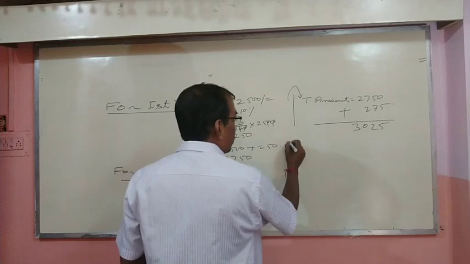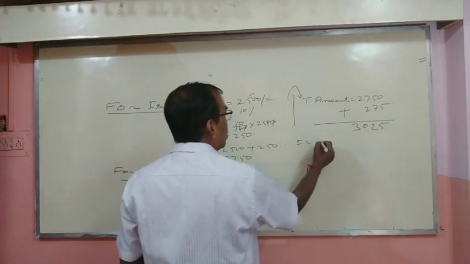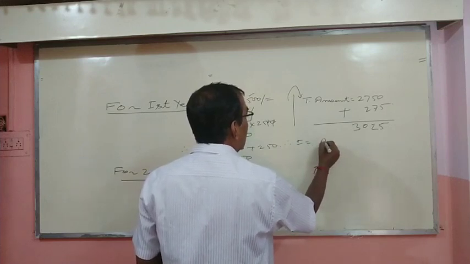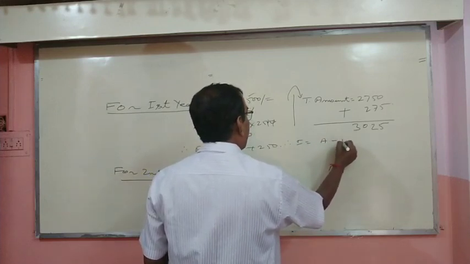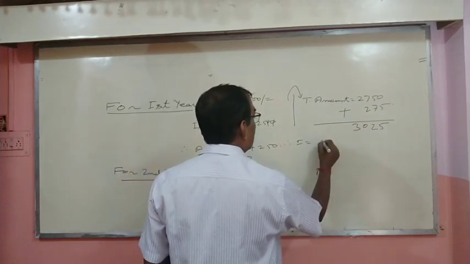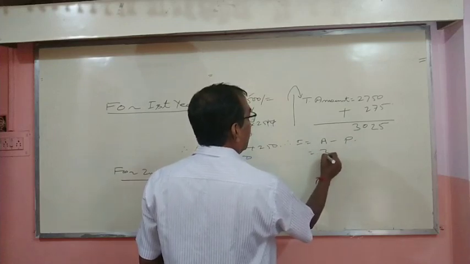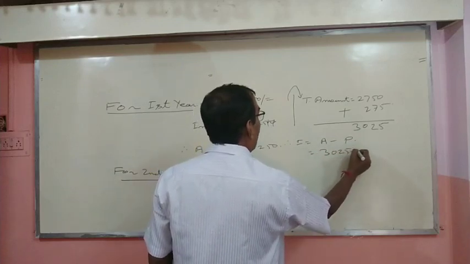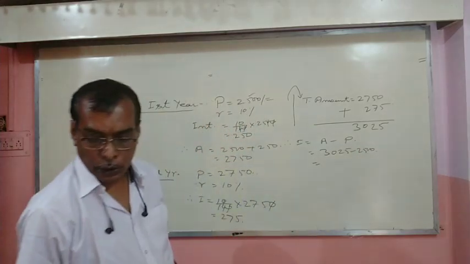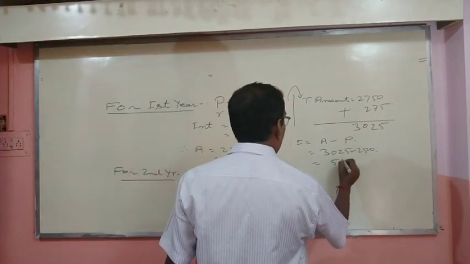So the compound interest will be how much? Compound interest is amount minus principal, which is equal to 3025 minus 2500, which is equal to 525 rupees.